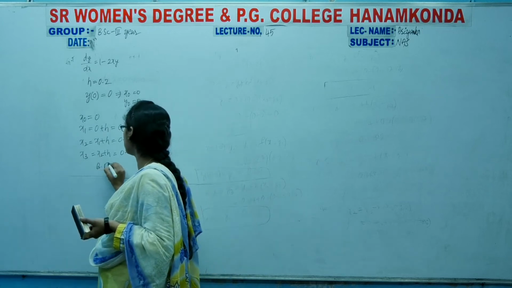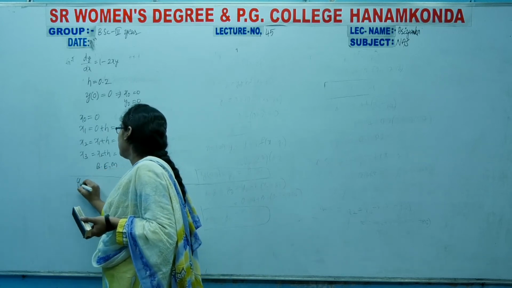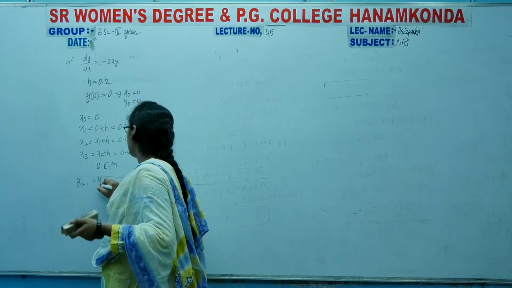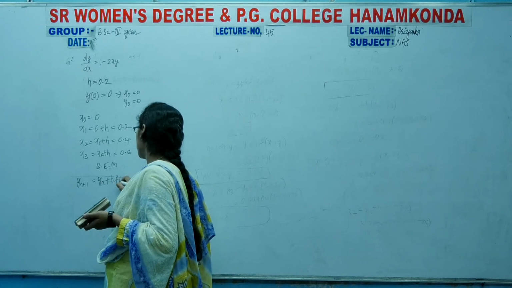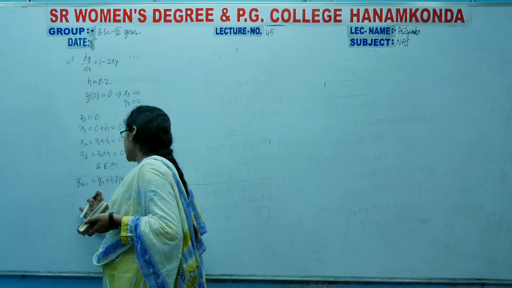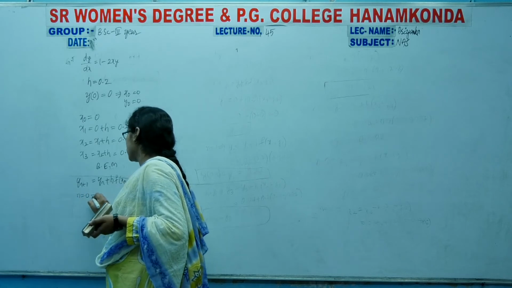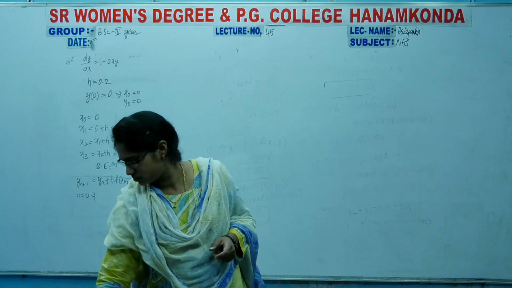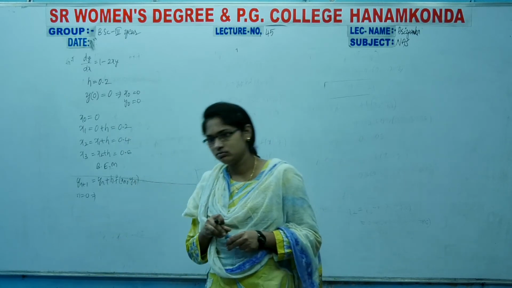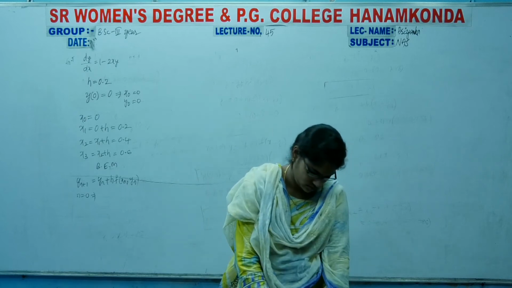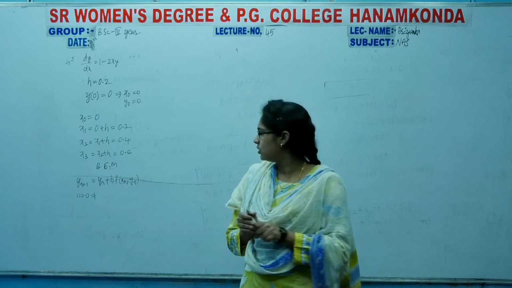Now by Euler's method, yn plus 1 is equal to yn plus h into f of xn, yn. Now for n equal to 0, calculate.